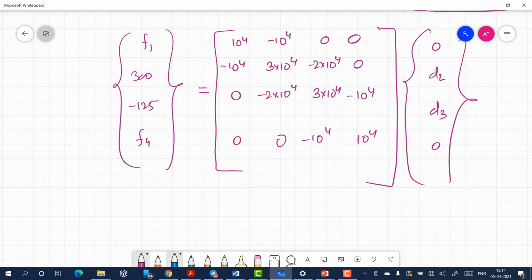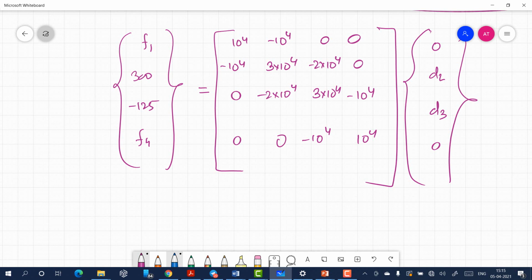Okay, and so this equation will be solved by a certain technique by the computer, and once you have solved it, you will have the values of F1 and F4 and D2 and D3. So usually you can do Gauss elimination to find out the values, or you can simply try inverses.